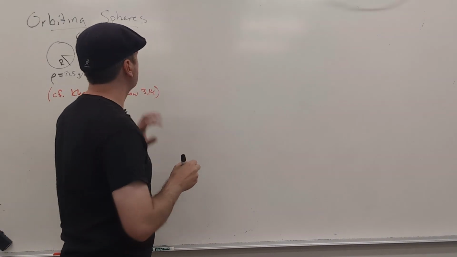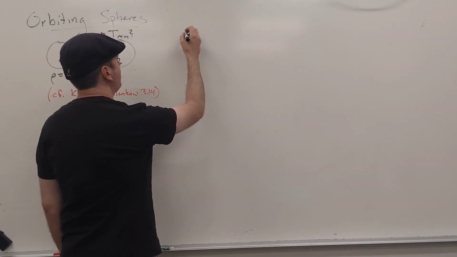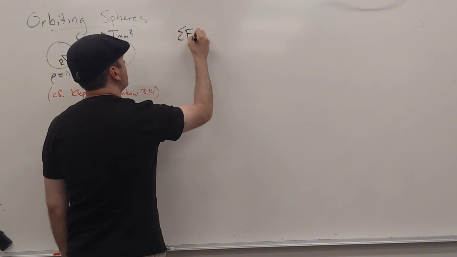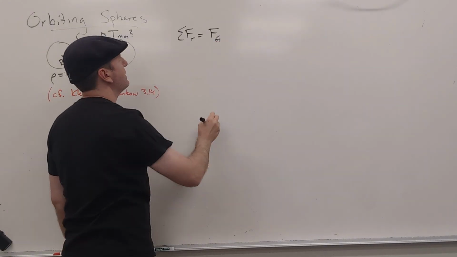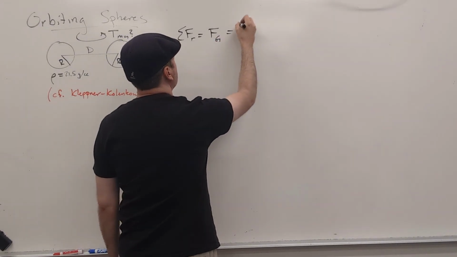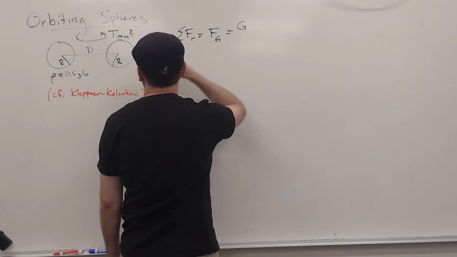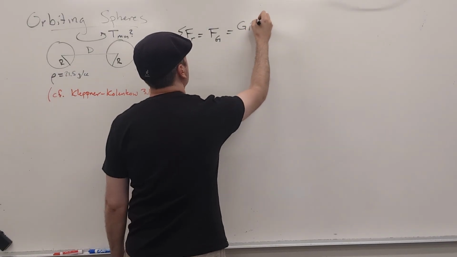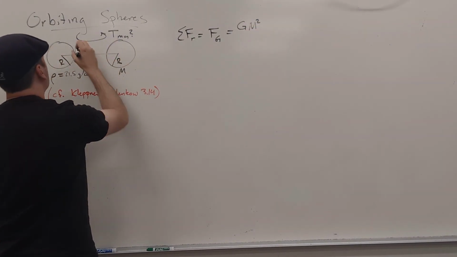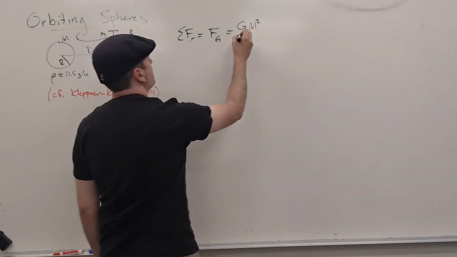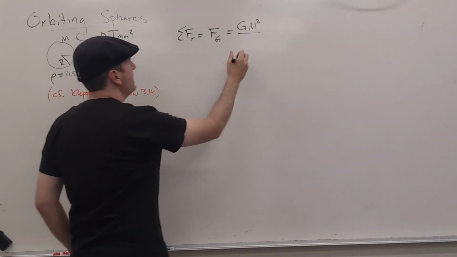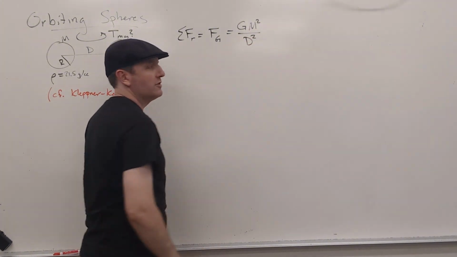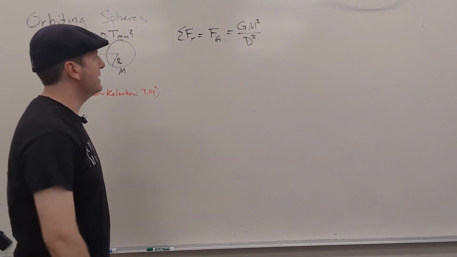In other words, if I look at the force on just one of them, the net force in this radial direction will simply be the force of gravity, which is going to be, well, G times each mass. Let's call them both m, say. Again, they're identical. Divided by the distance between them squared. Now, the center-to-center distance is actually d, so that is the gravitational force between these.